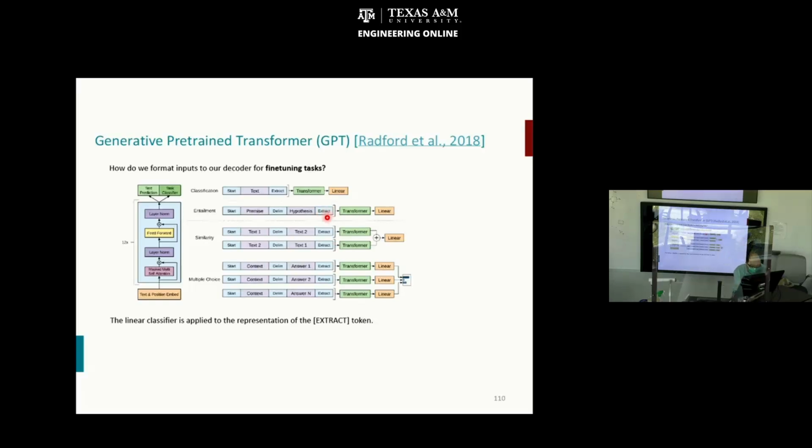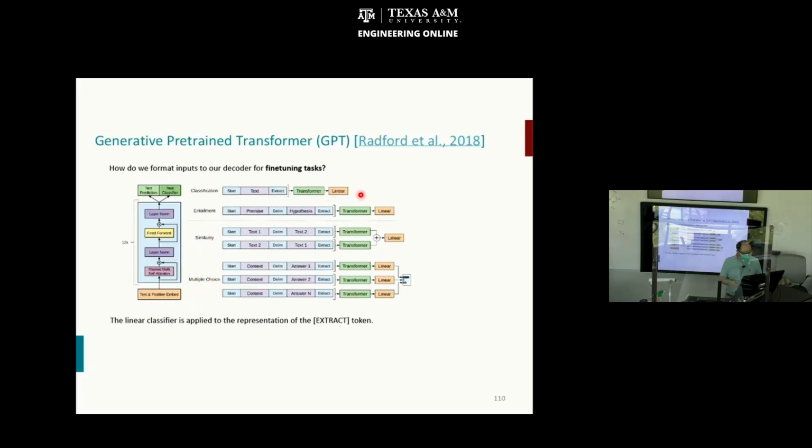Of course, this will be fed into the self-attention. In the end, we read the embedding of the last token, extract, and then we go through the readout to do linear classification. It could be one of the three relationships: entailment, similarity, or multiple choice, and so on.